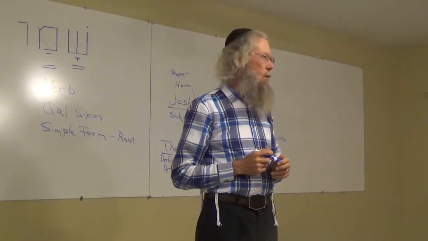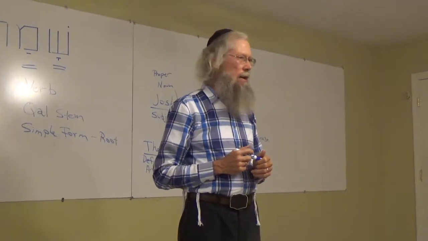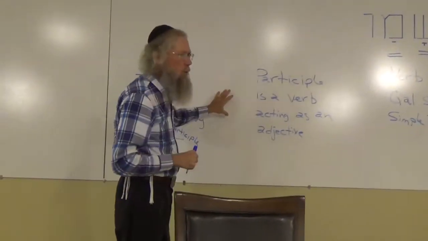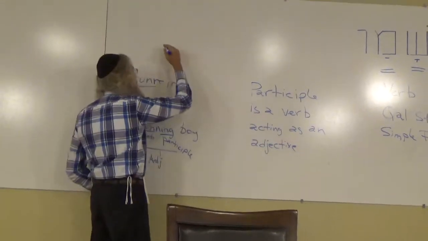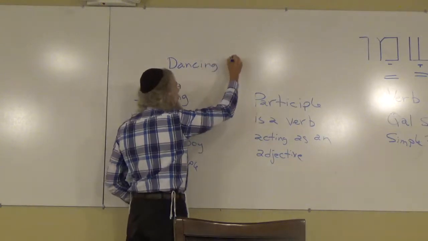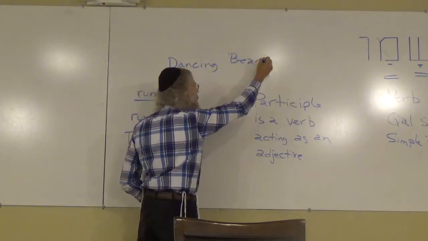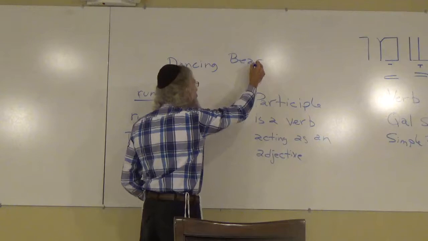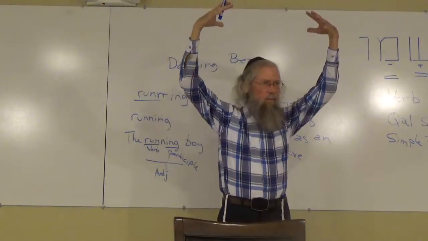There was an animal on Captain Kangaroo that they used a participle to describe, and he was called Dancing Bear. How many of you remember Dancing Bear? Yeah. Dancing Bear was a big bear.